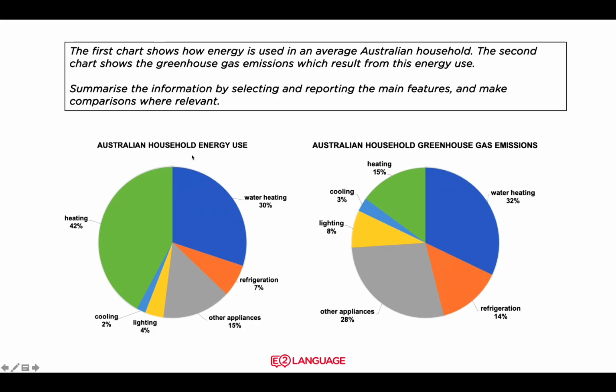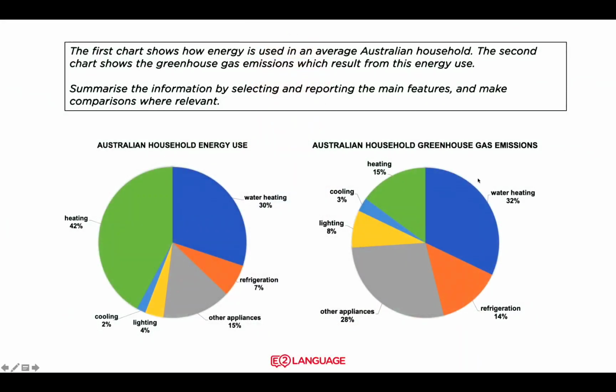Now the one on the left is showing household energy use, so the proportion of energy that is used in these different areas: heating, water heating, refrigeration, other appliances, lighting, and cooling. So this is proportion of energy use. The other pie chart though is showing something totally different: Australian household greenhouse gas emissions.